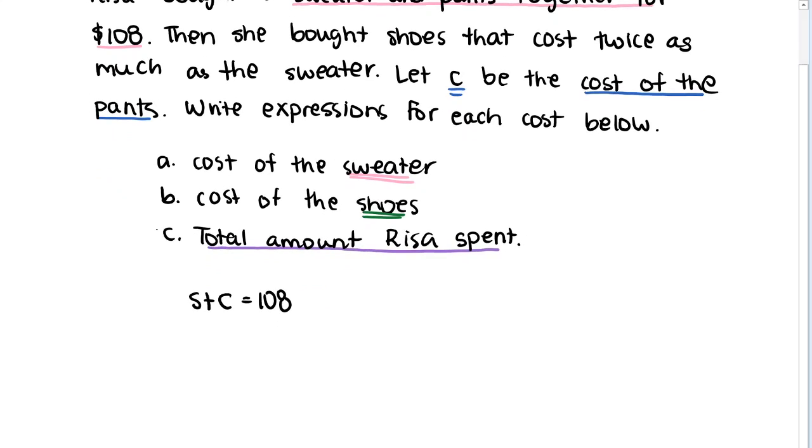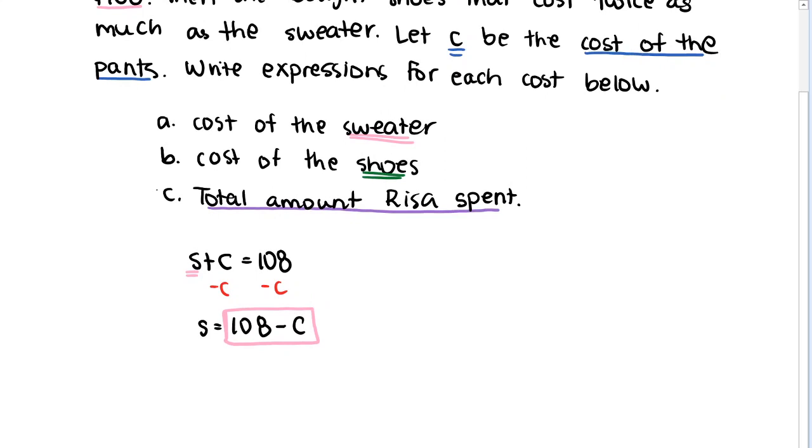We're looking for the cost of the sweater. We want an expression for this cost of the sweater. And so if I get that sweater cost alone, we'll have an expression for it, right? So if I subtract away C from both sides, we get S is equal to 108 minus C. So this is an expression here, 108 minus C. That's an expression for the cost of the sweater.